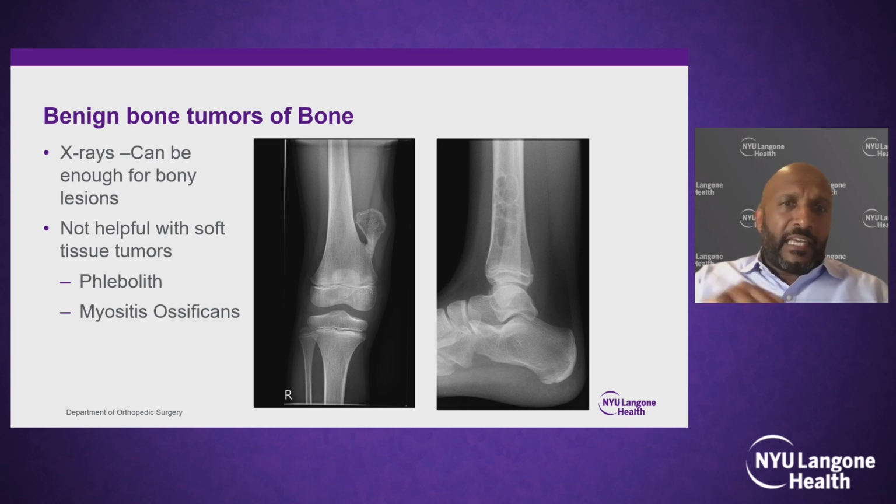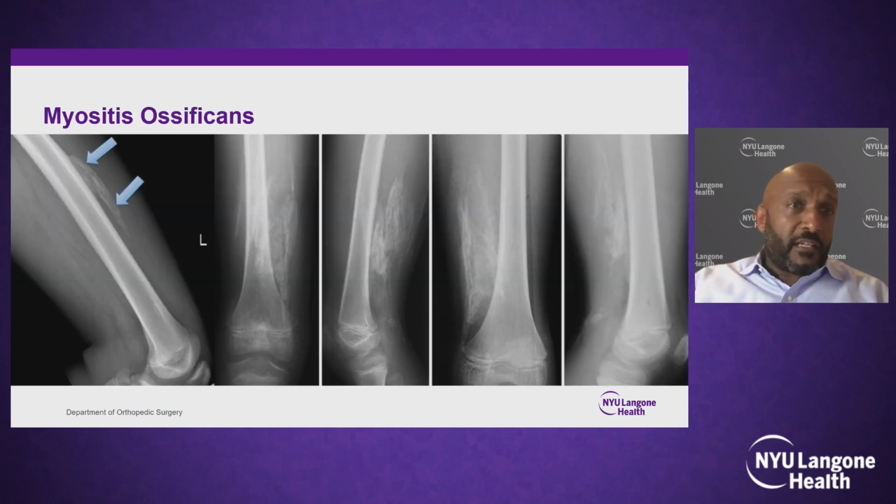There's a lot you can get out of things. One of the things you could come across is that, if you've got the right history, say, for instance, you have a teenager who's very athletic and recalls playing soccer and getting lots of kicks to the thigh, over time, they may present with something firm and painful, and X-rays would be the first thing you get.